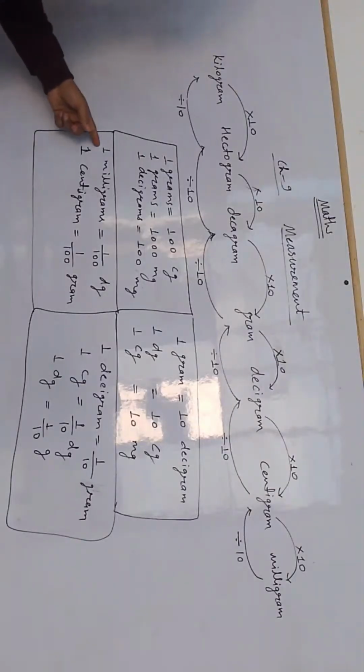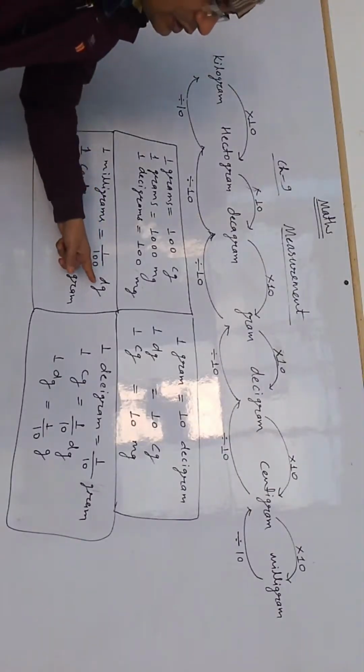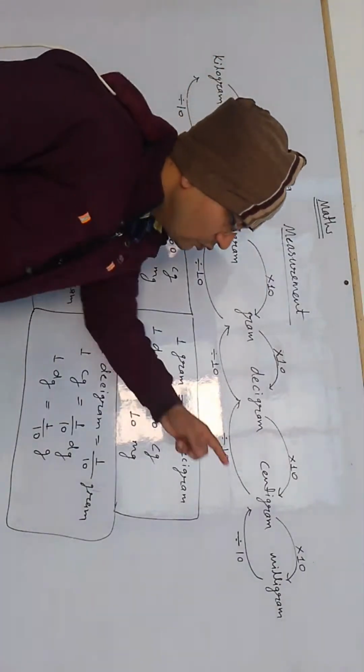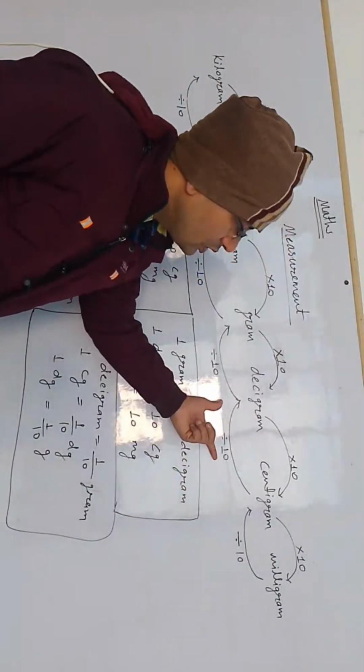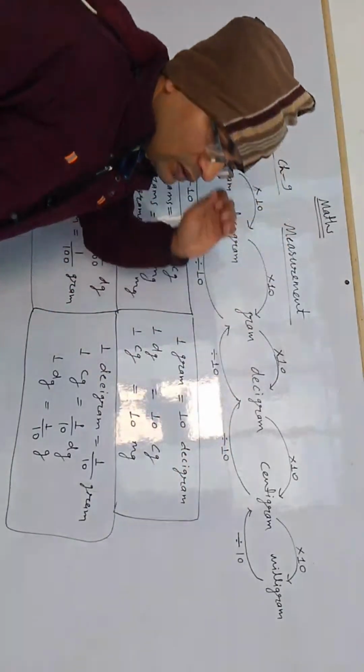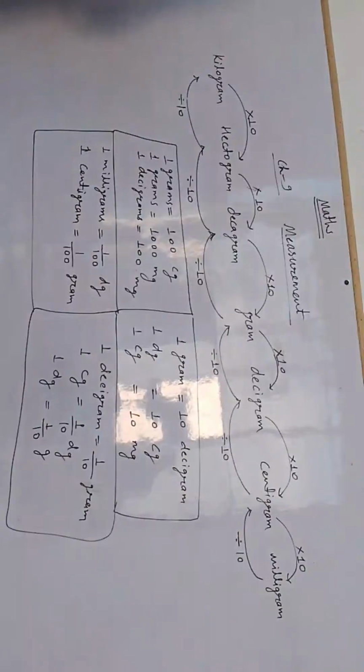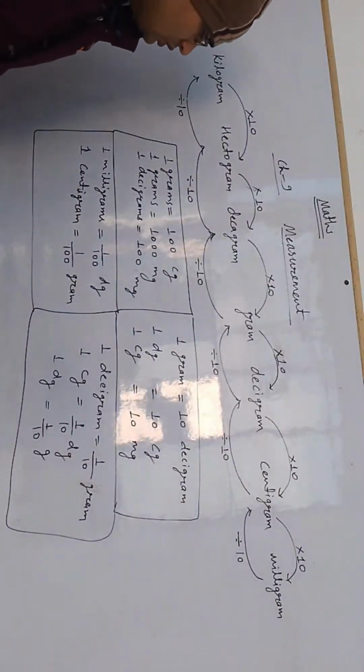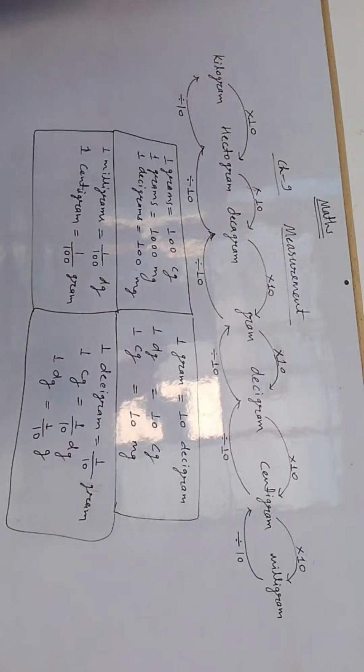1 milligram is equal to how many decigram? 1 milligram is equal to 1 upon 100, 10 multiplied by 10 multiplied by 10, 1 upon 100 decigram. Okay, my dear students, note it down.